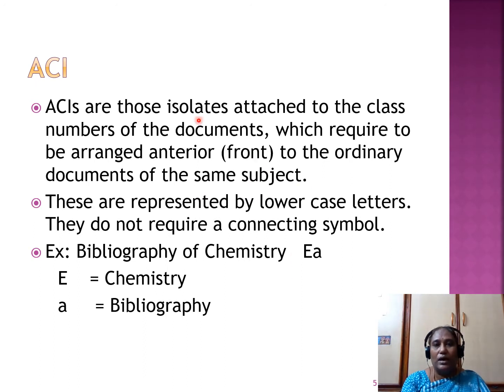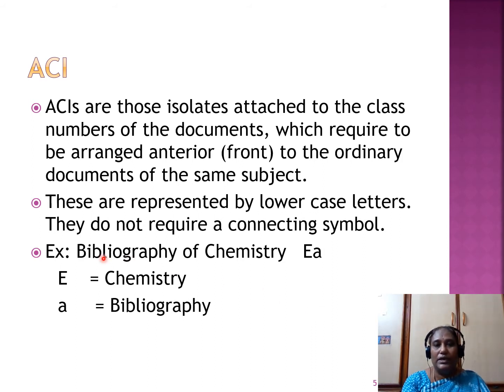These isolates are attached to the class numbers of the documents and are represented by lower case letters only. You need to remember, anteriorizing common isolates are represented only by lower case letters, and no connecting symbol is necessary to attach them.